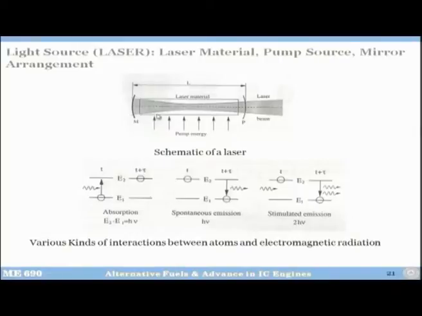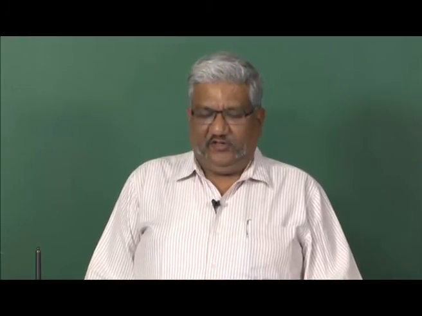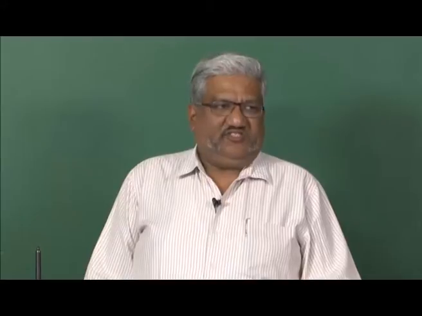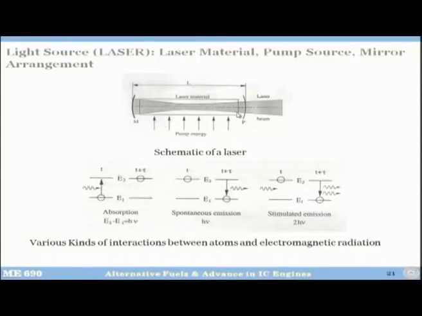There is one mirror, there is one prism here, and there is a laser material. Okay. And what you are doing is supplying some kind of pumping energy. Now this pumping energy can be supplied in different ways. It could be supplied by heat, it could be another laser, it could be some chemical energy, it could be just light energy. So basically you are exciting this material.